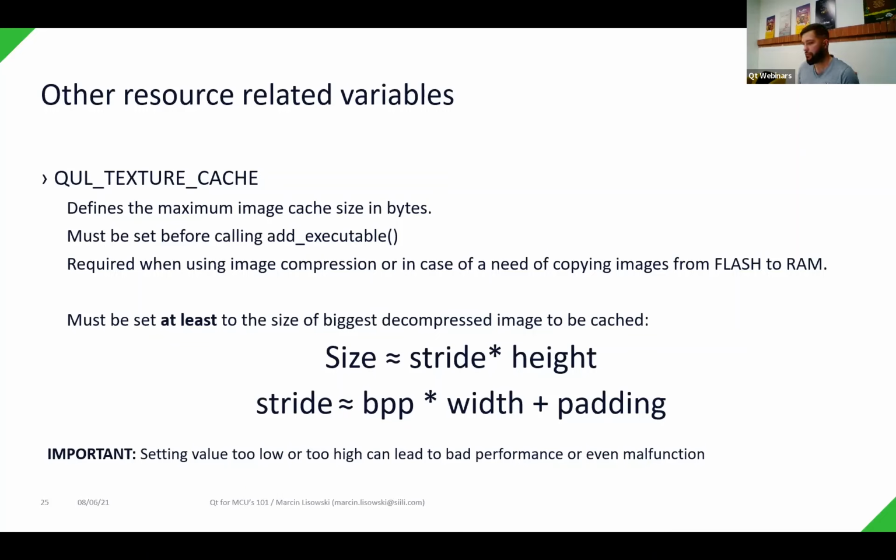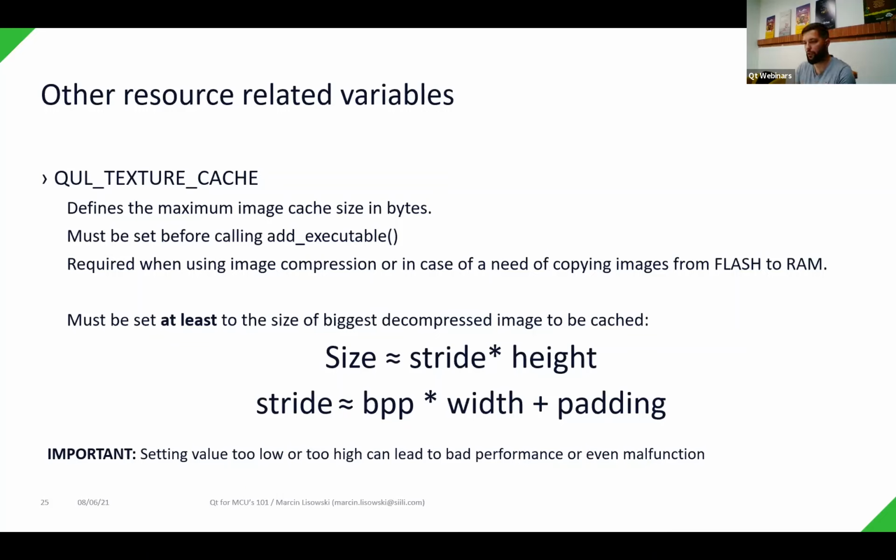But basically, it will mean that if you are going to use compressed images, those will be decompressed in the runtime, and that decompressed data has to go somewhere. And the image cache is the place where that decompressed data is going. And well, it has to be big enough to fit at least the biggest image after decompression.